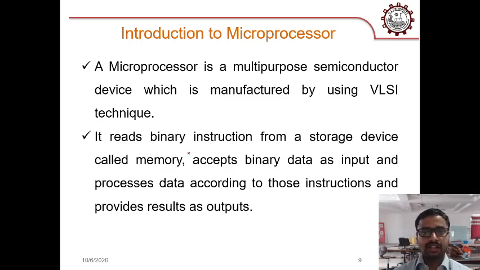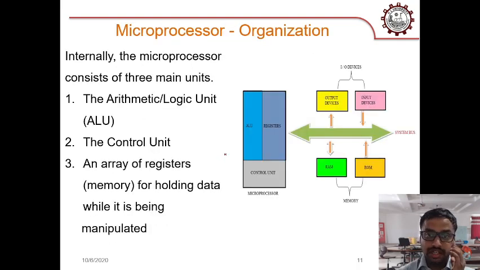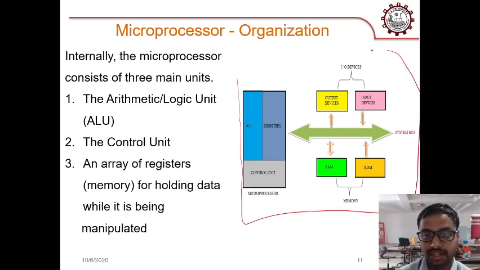Like I said, the microprocessor reads the data, reads the instructions given by the user, understands them, and tries to execute them. This is the way the processor is organized. You'll have ALU to execute, you'll have registers to store, and you'll have control unit to tell ALU what to do.